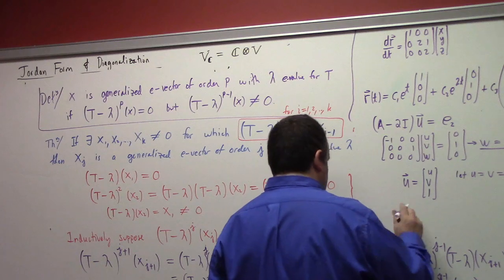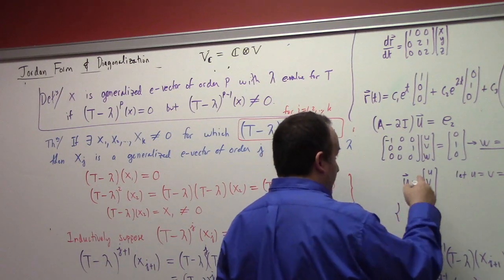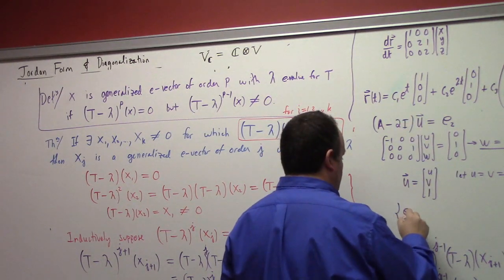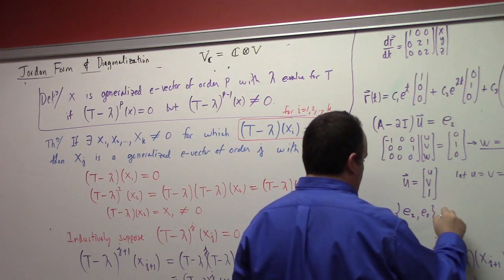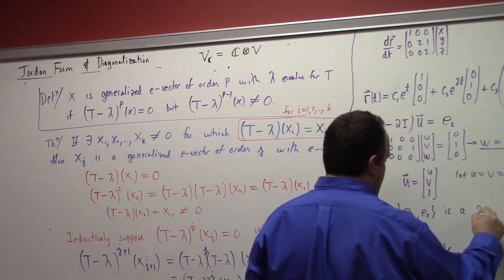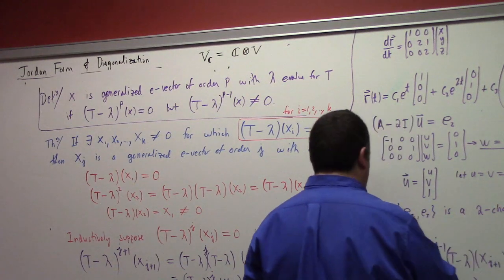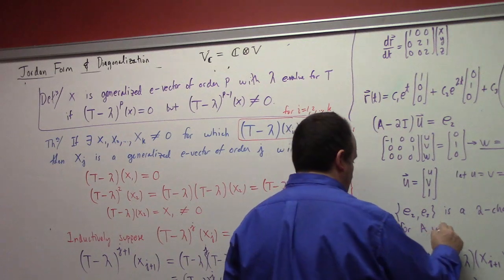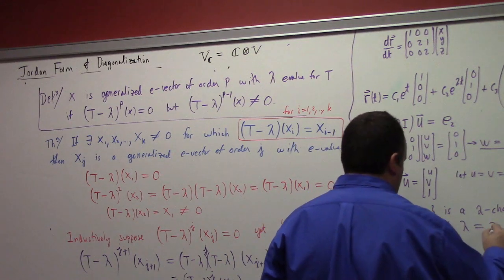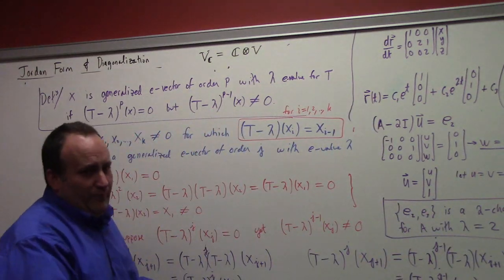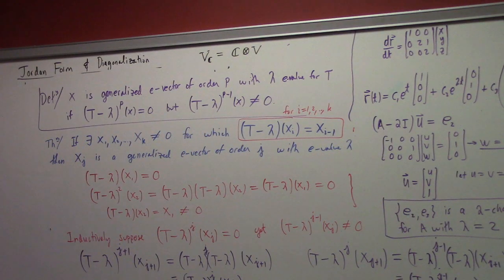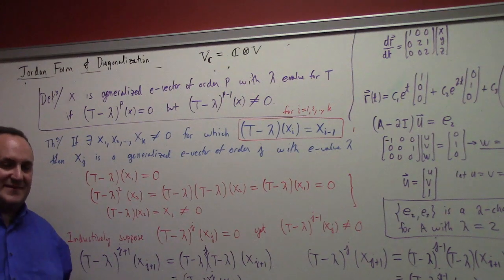So what this then means is that for this matrix, E2, comma E3 is a 2-chain for A with eigenvalue lambda equal to 2. My example 2. And of course, if you take E1, E2, and E3 together, you have a basis, right?